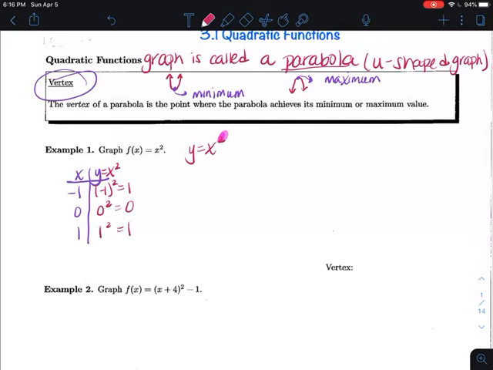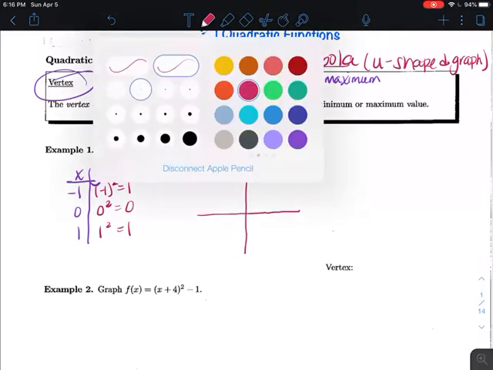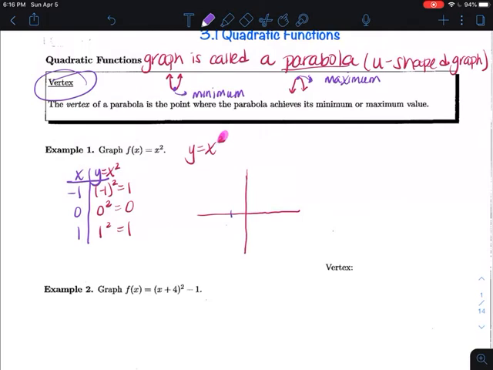So I'm going to sketch this quadratic function. We're just doing a rough sketch. At -1, there's a y value of 1. At 0, there's a y value of 0. And then at 1, 1. So here is our U-shaped graph, our parabola.